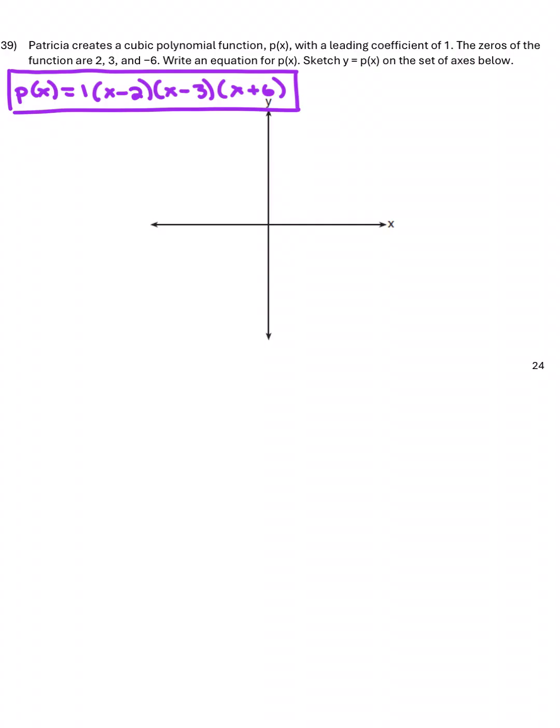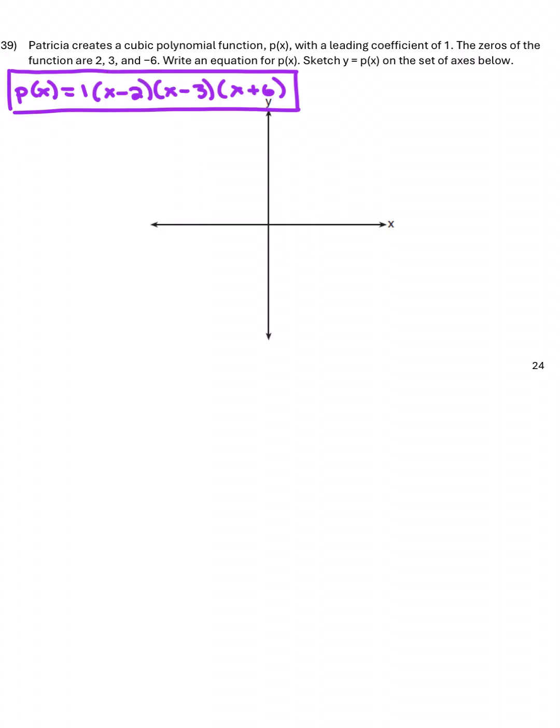Okay, so this is what I wound up with. How'd you do? Right, the leading coefficient is 1, so I put that in front. And then notice I wrote p of x equals. Okay, you want to label your function. Now, if our zeros are at 2, 3, and negative 6, our factors would have the opposite sign. So the factors would be x minus 2, x minus 3, and x plus 6.